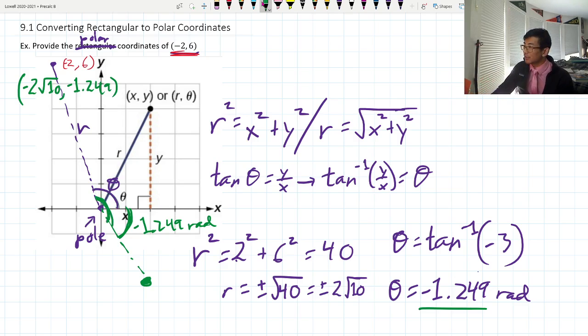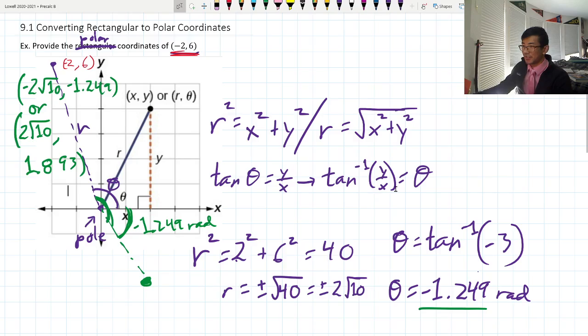And so you could do positive 2 root 10, comma, 1.249 plus pi. So plus pi would equal about 1.893 thereabouts radians. Okay, so why is this necessary?